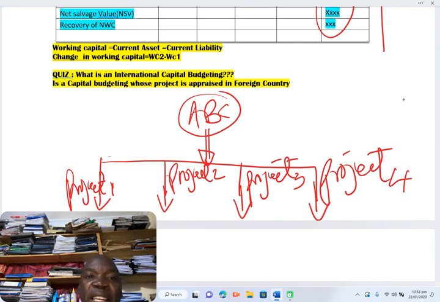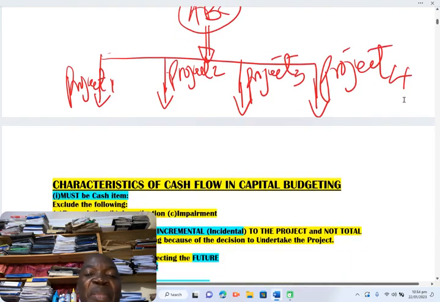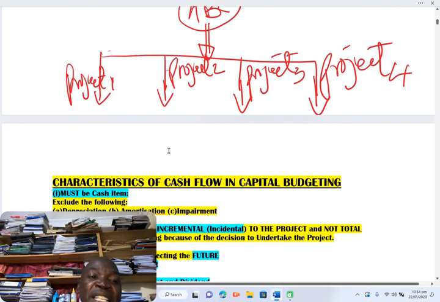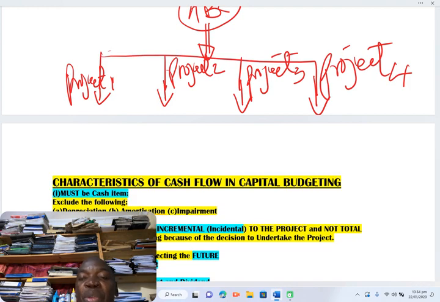Now, in order to decide, as I said, there are several methods, including the net present value method, the ARR method, and the profitability index method. We have the payback period method. So today we're going to see how the net present value can be applied in deciding which project to implement and which project to reject.